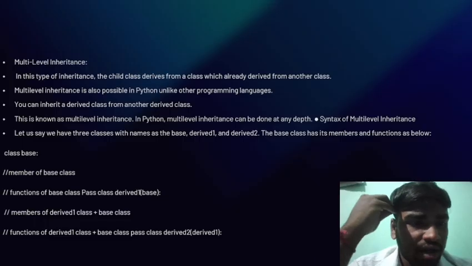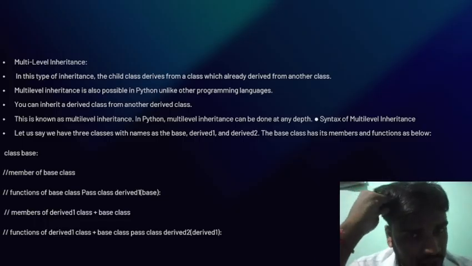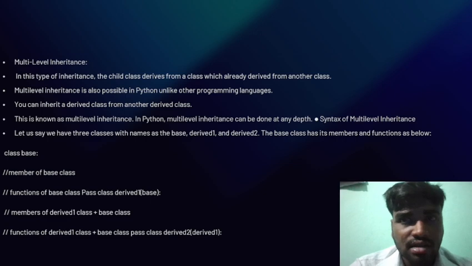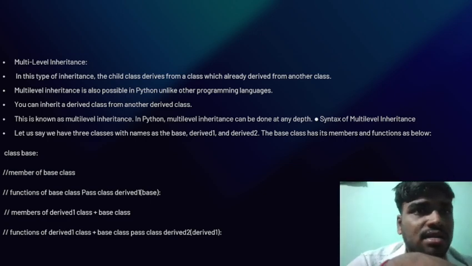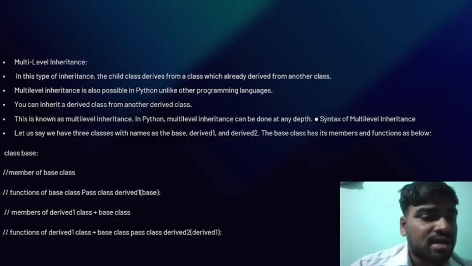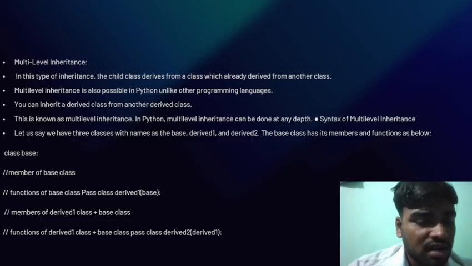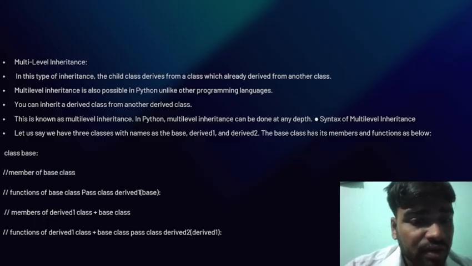Syntax of multi-level inheritance: class base class, then the members of the base class, functions or methods of the base class. Next we have to derive it.